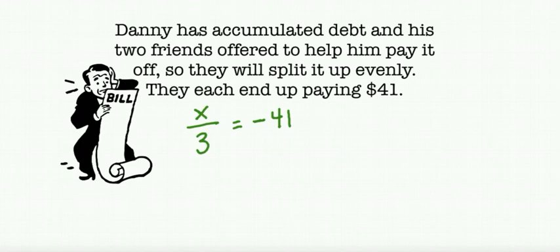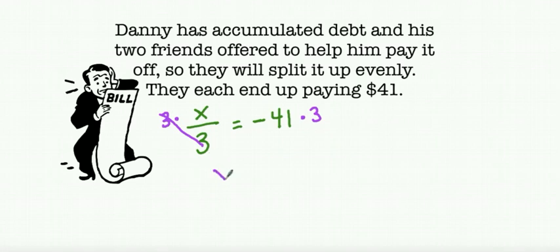So here I have x divided by 3 is equal to negative 41 because that's how much of the debt each friend ended up paying off. And in order to get x by itself to figure out the original debt, we have to multiply by 3 on both sides because it's division and the inverse operation of division is multiplication. And here 3 divided by 3 is 1.